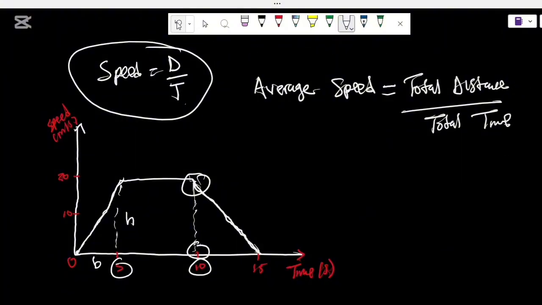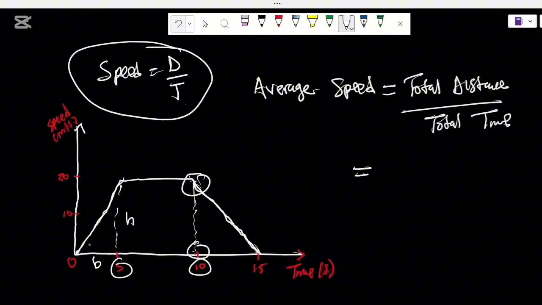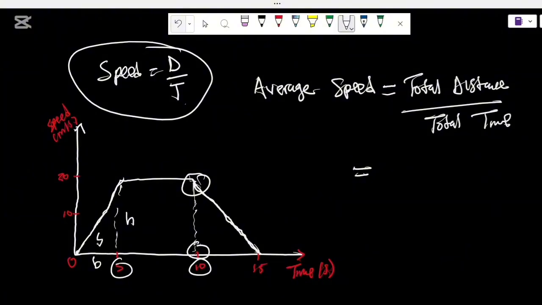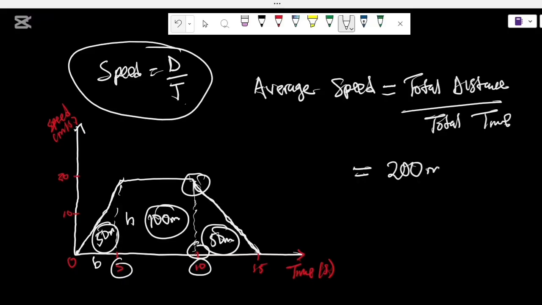So in this case, we can calculate the average speed by looking at the total distance traveled. This gave us 50 meters, this is 100 meters, and this also should be 50 meters. So the total distance is 50 plus 100 plus 50, which is 200 meters.